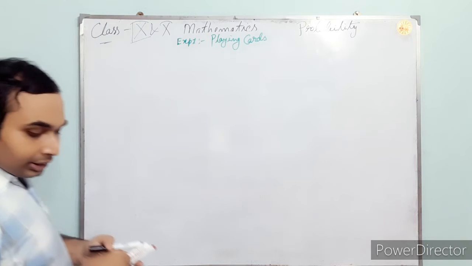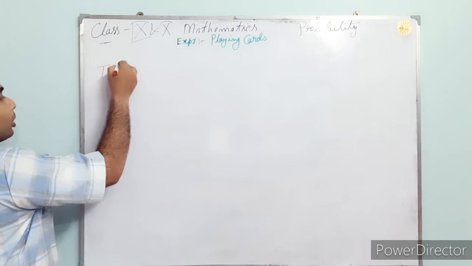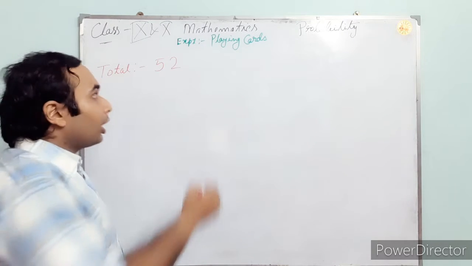So, what are the cards? I am showing you in detail. Total number of cards is 52. It is called the deck of cards.